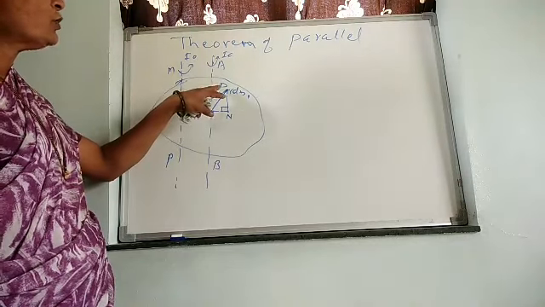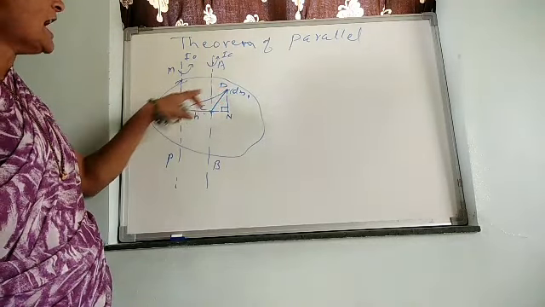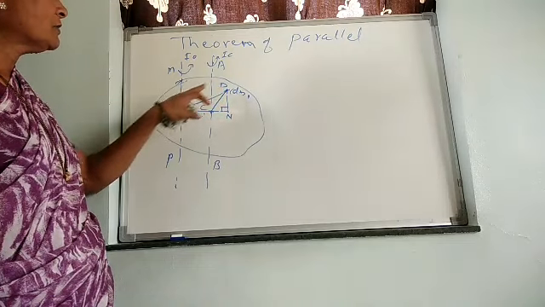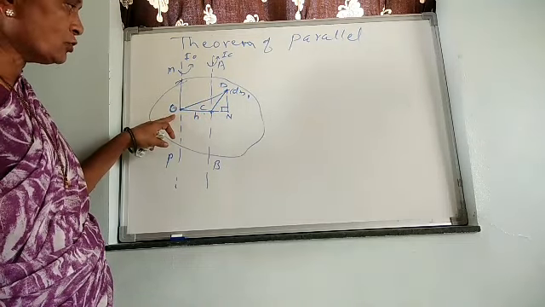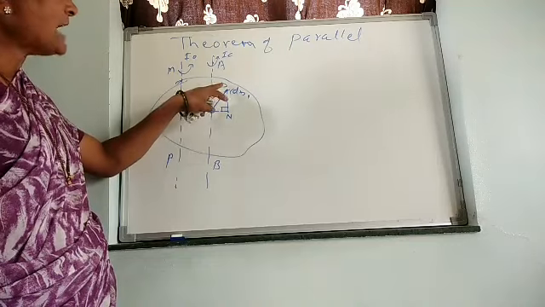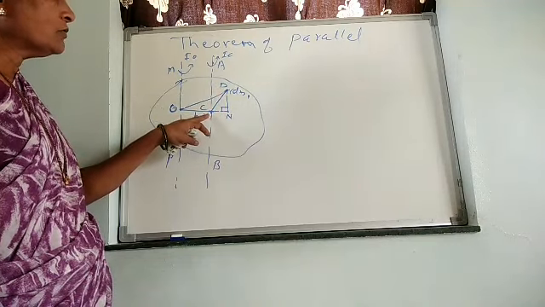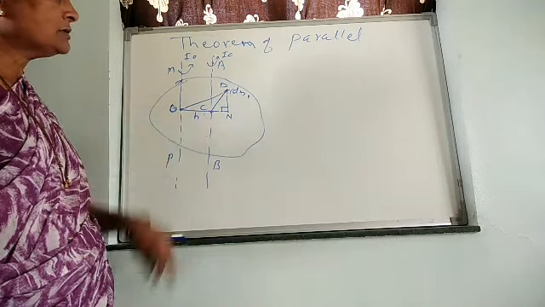Point D is at a distance OD from the axis passing through O, and at a distance CD from the axis passing through C.